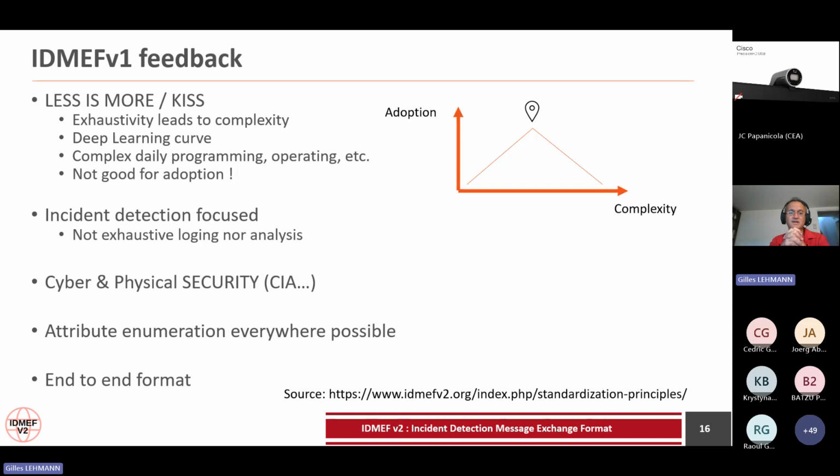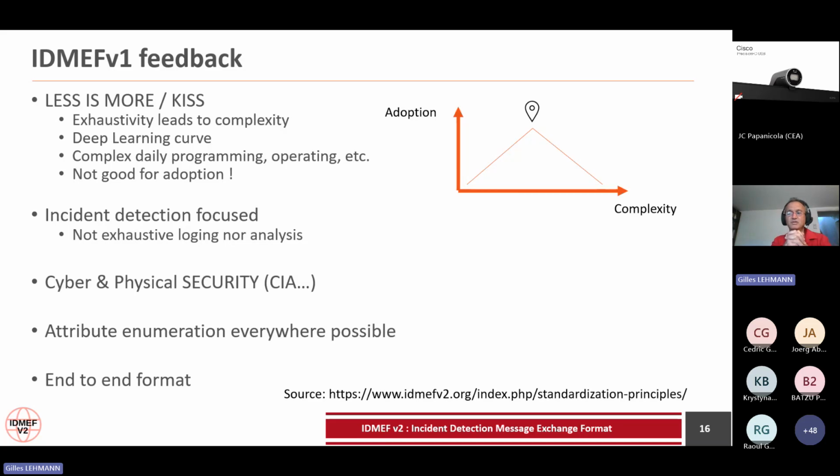It covers cyber and physical security and CIA, so availability is in the format. Wherever we can, we propose enumerations of attributes, closed lists. That's another thing which was missing in IDMEFv1. If you want easy correlation, you have to offer the fewest choices possible.